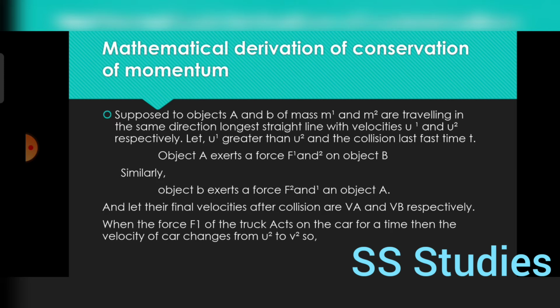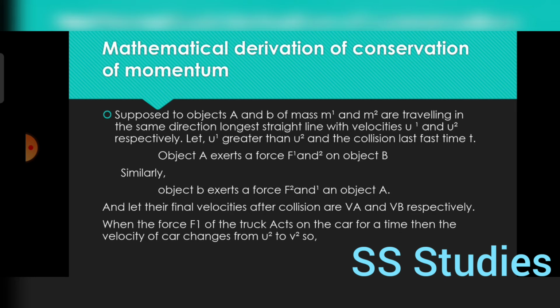Let u1 be greater than u2, and the collision lasts for time t. Object A exerts a force F1 on object B. Similarly, object B exerts a force F2 on object A. Let their final velocities after collision be v1 and v2 respectively.